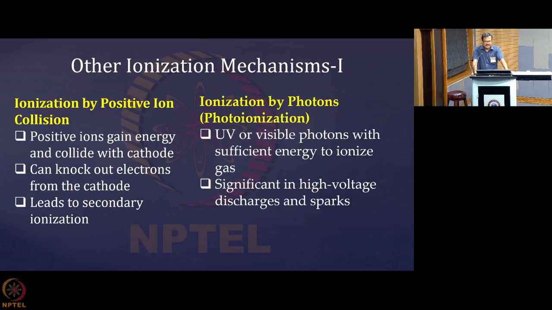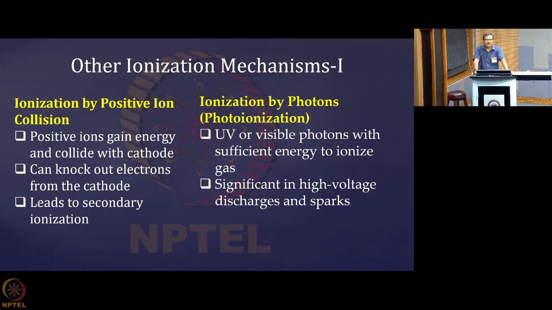There are other ionization mechanisms other than the Townsend one, so I should note them in this tutorial. So ionization by positive ion collision, that is one. Then ionization by photons, that is called photoionization. In the first one, ionization by positive ion collisions, positive ions gain energy from the electric field, and they can collide with the cathode.